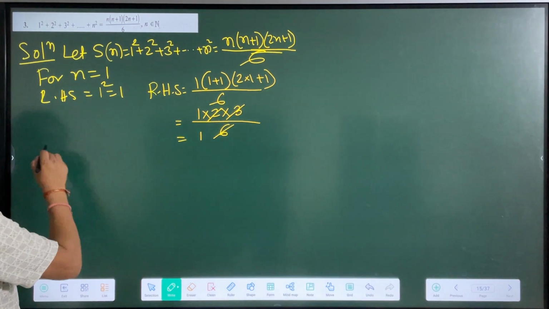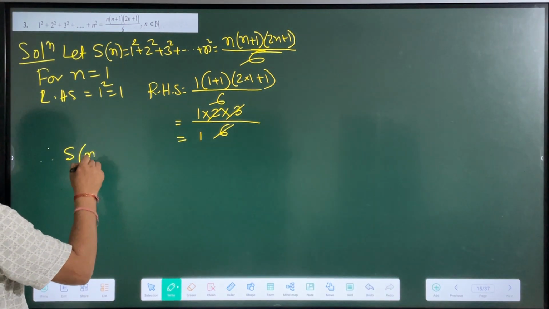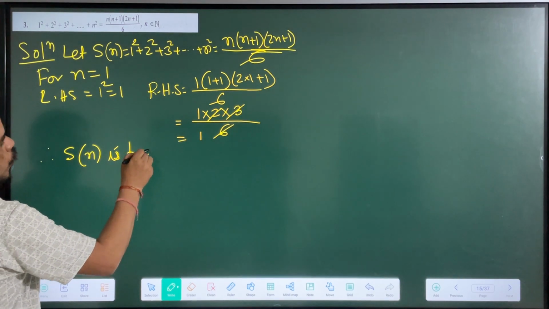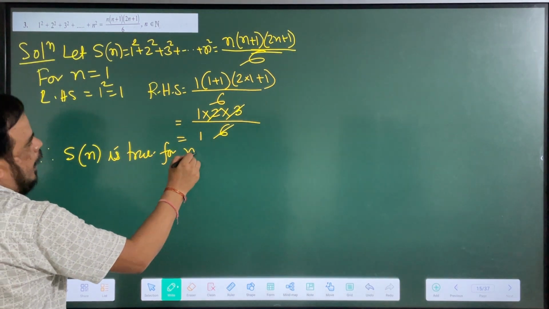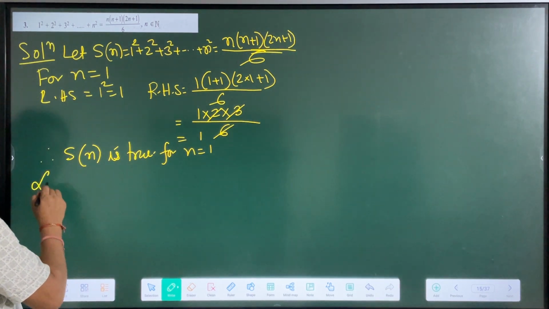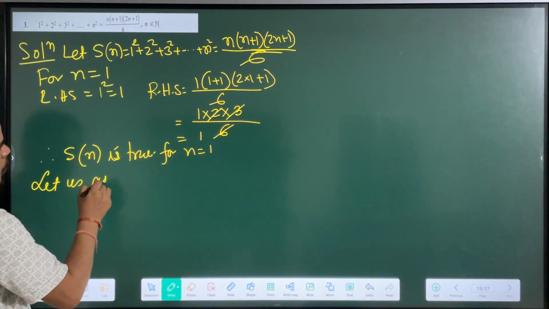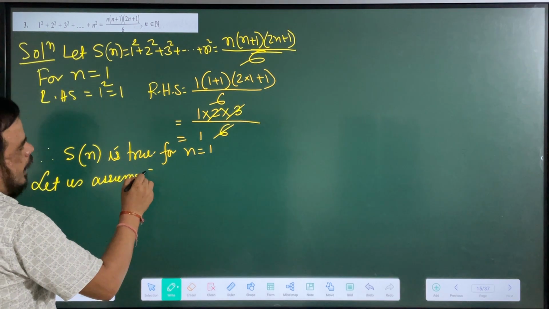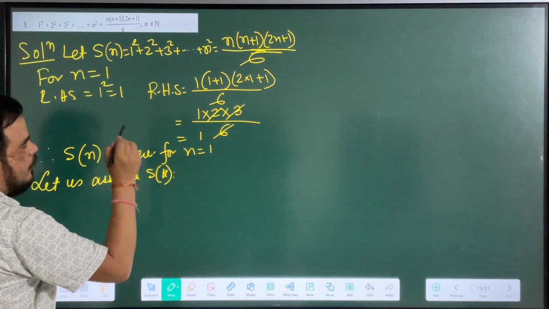So RHS equals LHS, therefore Sn is true for n = 1. First duty is finished. Second duty, let us assume Sk.